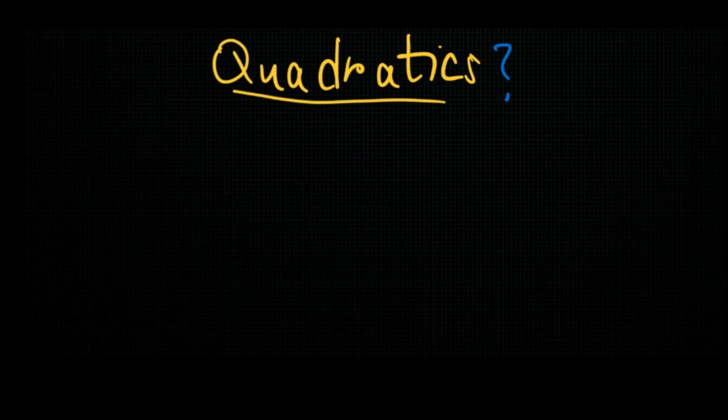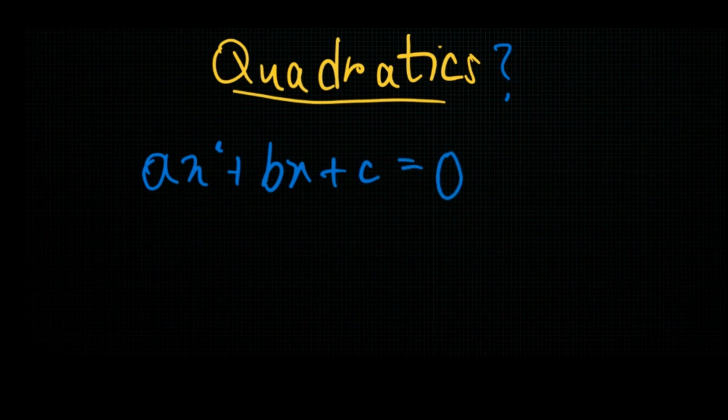So, what is a quadratic? A quadratic is a type of equation that has a variable squared, and the structure is usually like this: ax squared plus bx plus c.